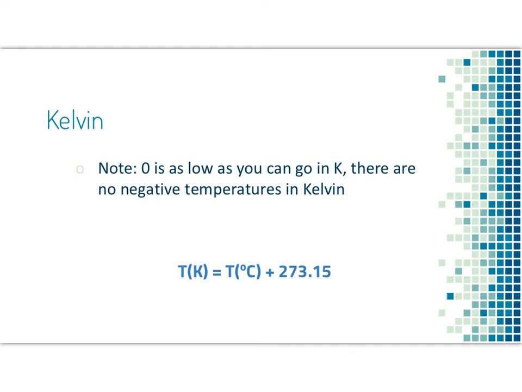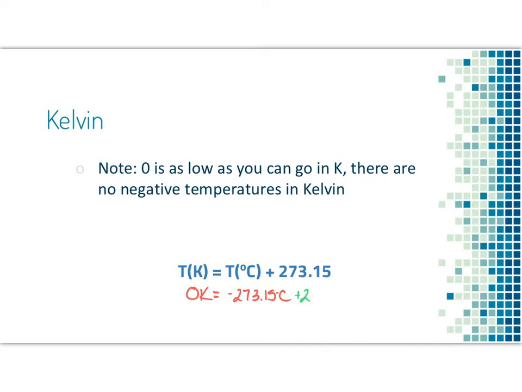So to convert between Kelvin and degrees Celsius, the temperature in Kelvin is equal to the temperature in degrees Celsius plus 273. The way that we get this, remember, was that 0 Kelvin is negative 273.15 degrees Celsius.